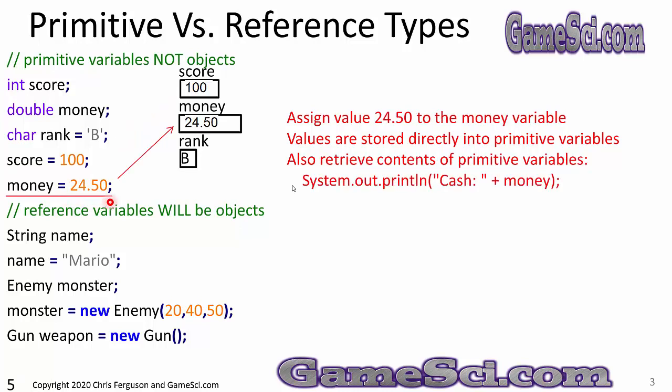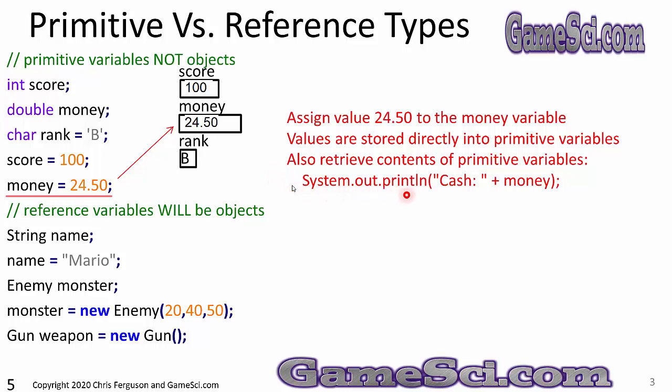Money equals 24.50. Assign the value $24.50 to the money variable. Once again, notice how values are stored directly into the variable, into primitive variables. You can also retrieve the contents of a primitive variable.